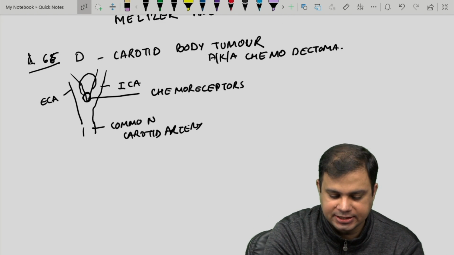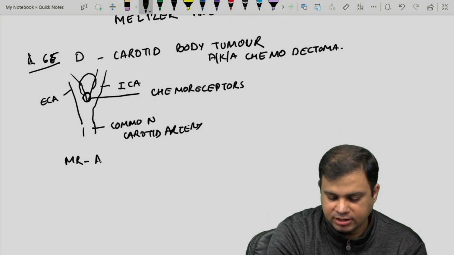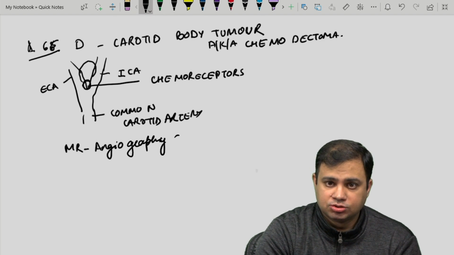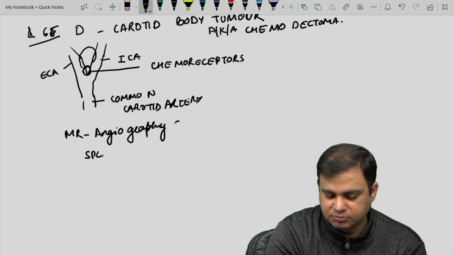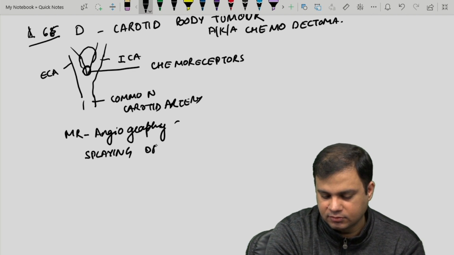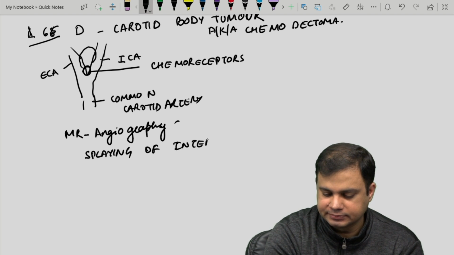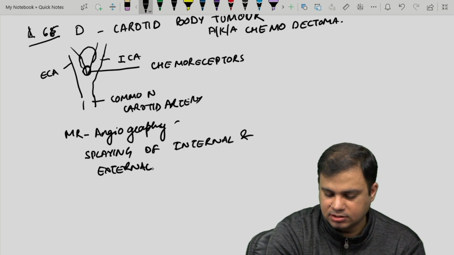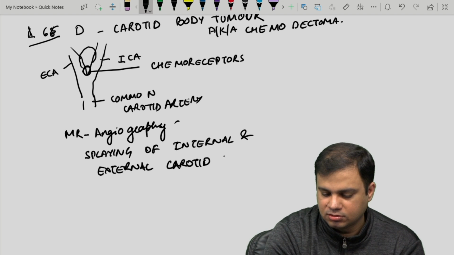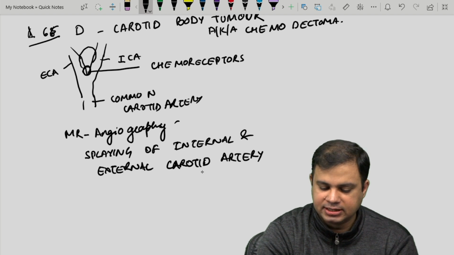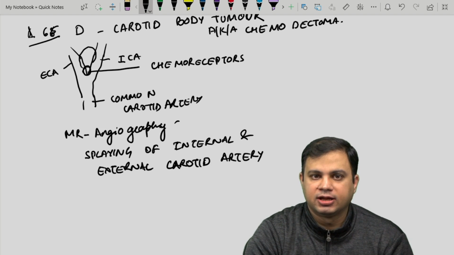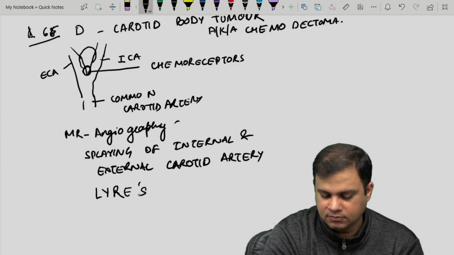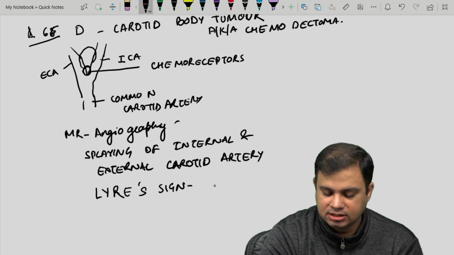So if we do an MR angiography in this patient, we will see the splaying of the internal and external carotid artery. This splaying on an MR angio is known as the Lyre sign. It is not a clinical sign, it is a radiological sign.